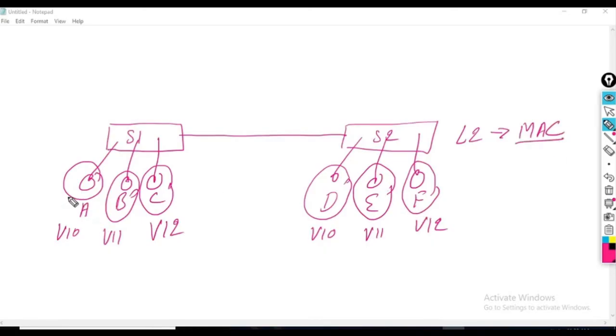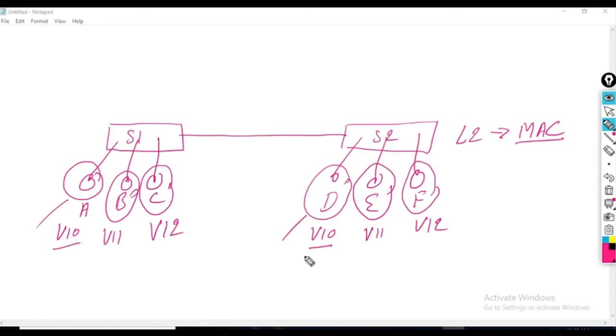So if on switch number 1, A computer wants to send some data to D computer on switch number 2, that is possible on layer 2 because both computers A and D belong to the same VLAN, which is VLAN 10.